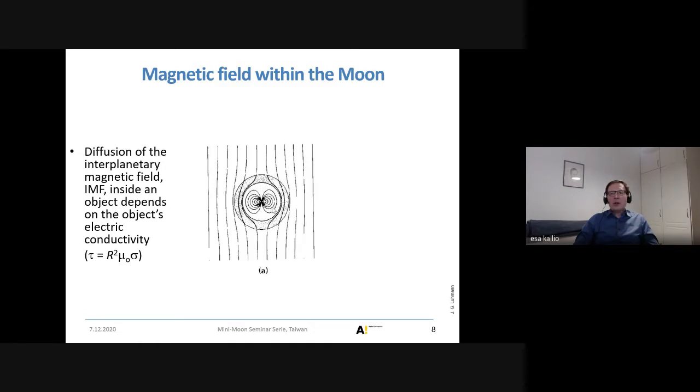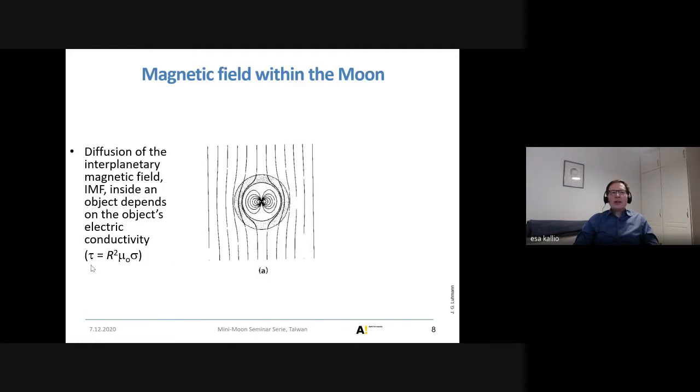It's a dipole here. But if this core is very large compared to the size of the object, it might be that you can see the effects of the core above the surface, because the magnetic field lines aren't like a straight line, but they are deviated.